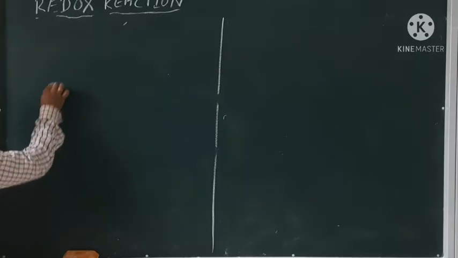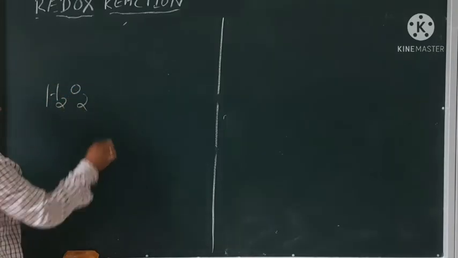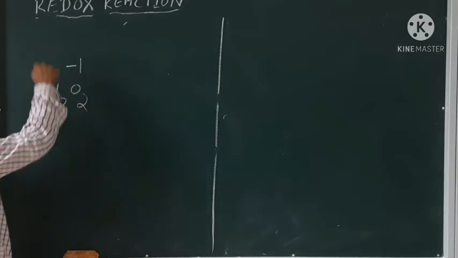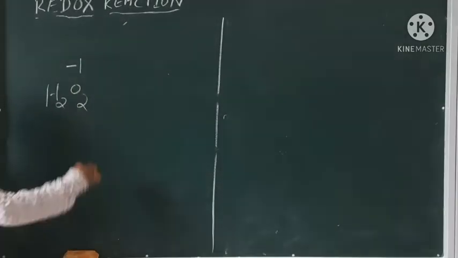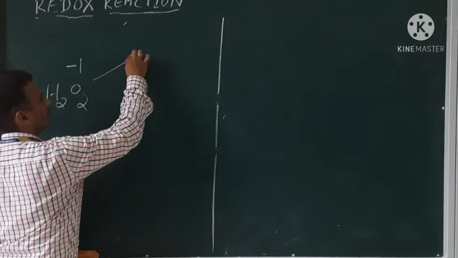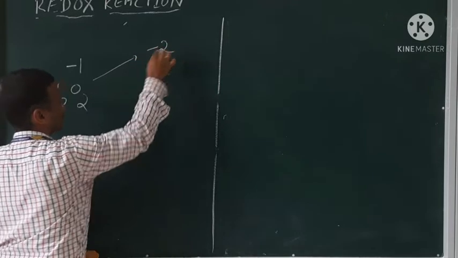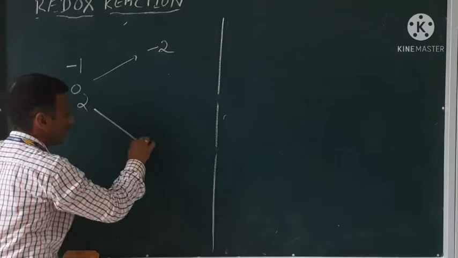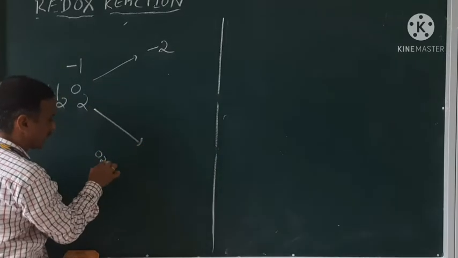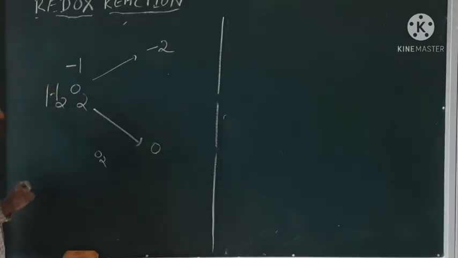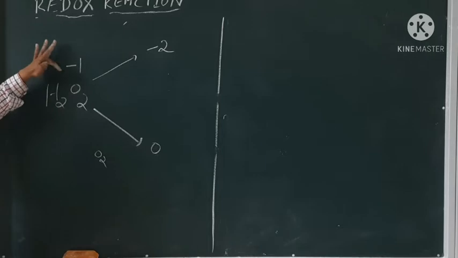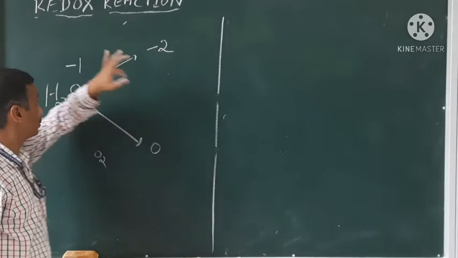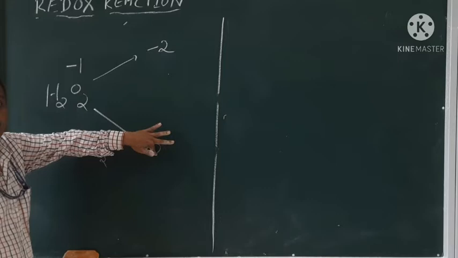Hydrogen peroxide, H2O2. See, oxygen is in the -1 state here. Usually oxygen is in the -2 state. In peroxide it is the -1 state. And in O2, it is the 0 state. So -1 can be reduced to -2, and -1 can be increased to 0 also.